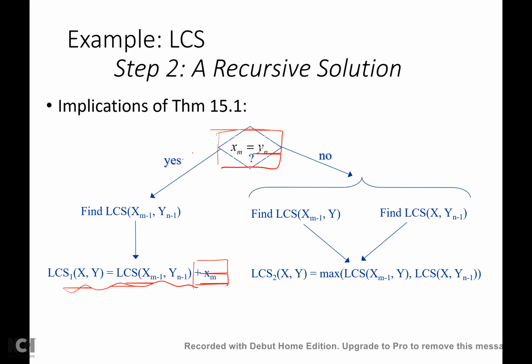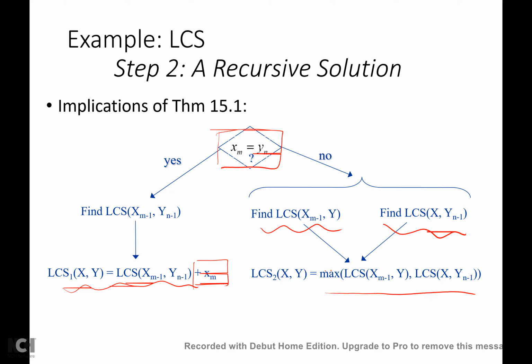If this condition is not satisfied, then we go to the other branch. In that branch, we have to find out which one, xm or yn, will make the contribution, and which contribution will finally increase the common subsequence length.